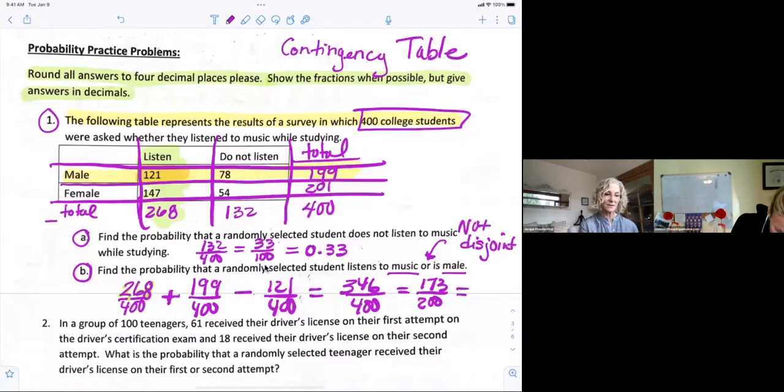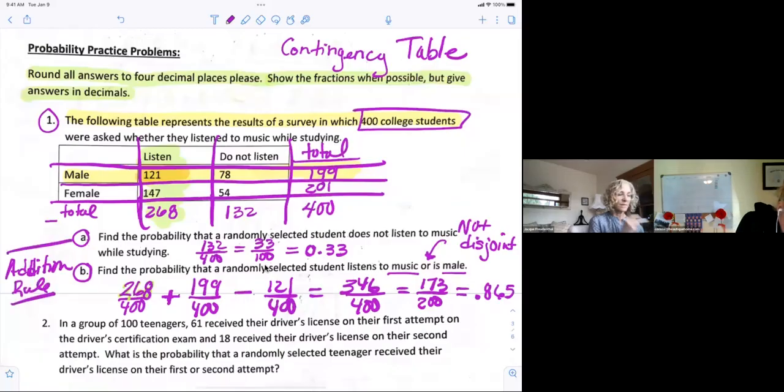And that divides out to exactly 0.865. When you learn this, this is called the addition rule. Okay, the addition rule, let me get some more paper here.